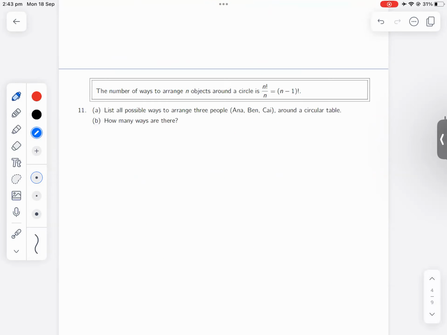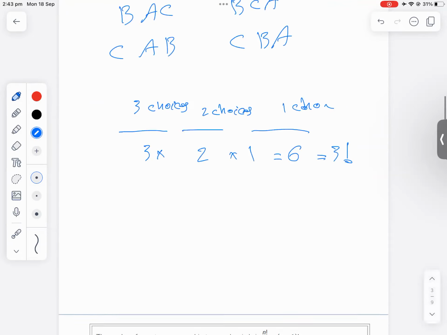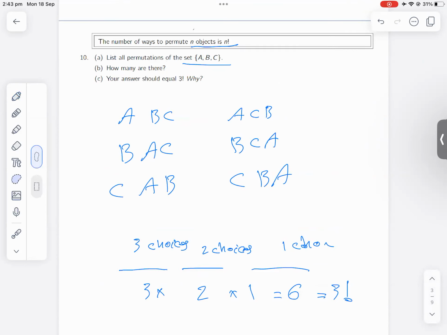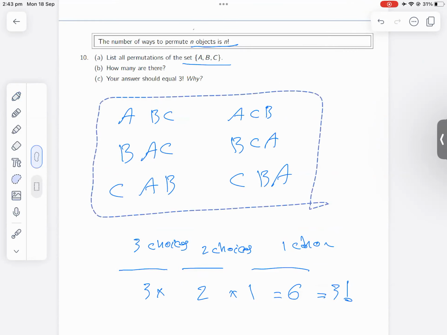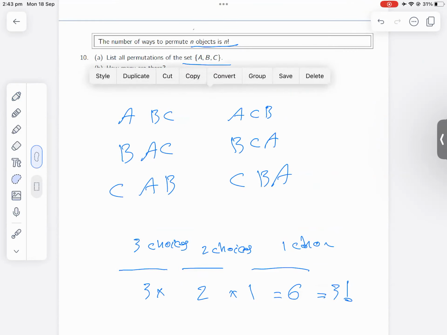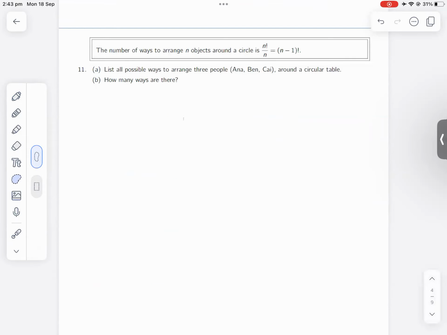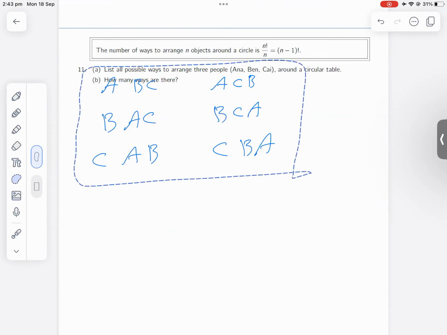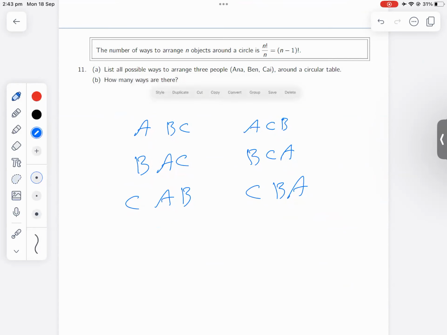Now, the interesting problem can come here. So can I copy this here? So I see that I can list here A for the Anna, B for the Bin, and C for the Kai is here.